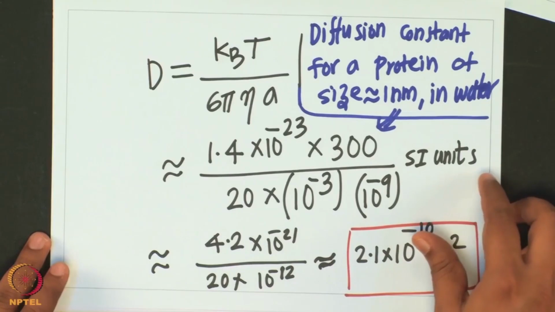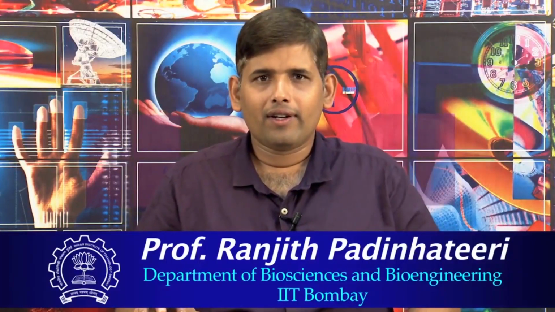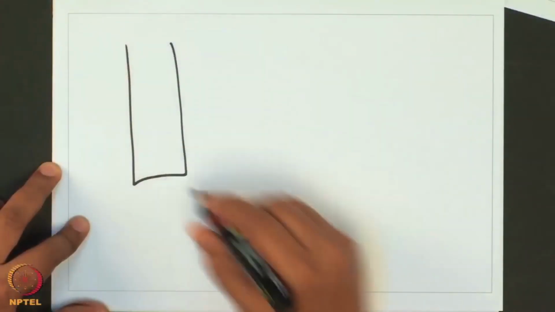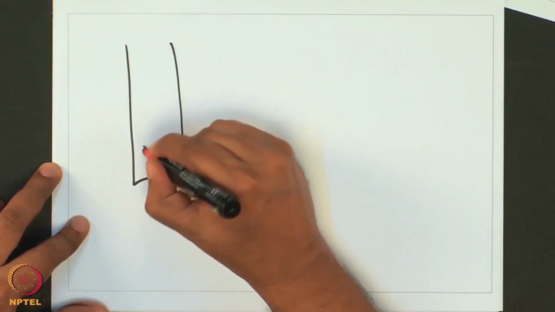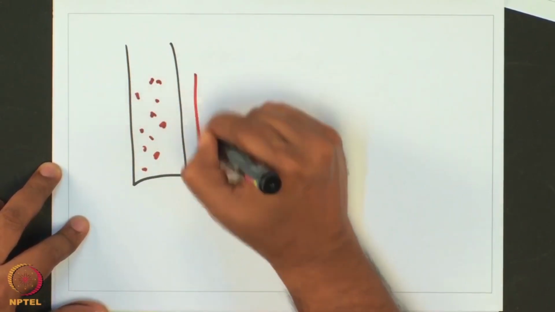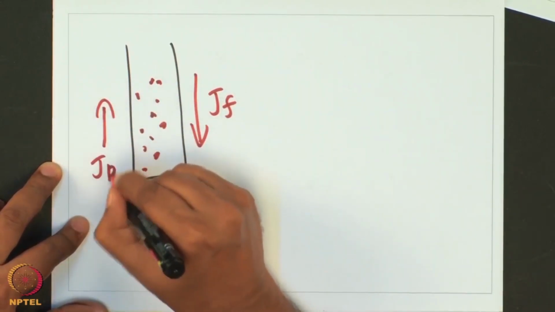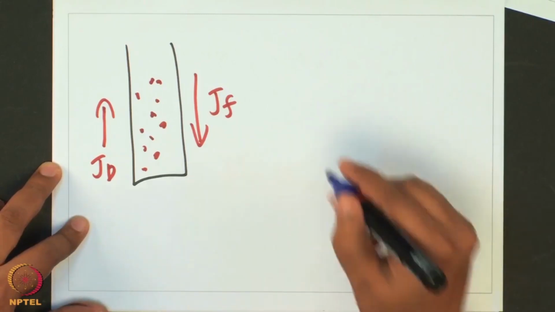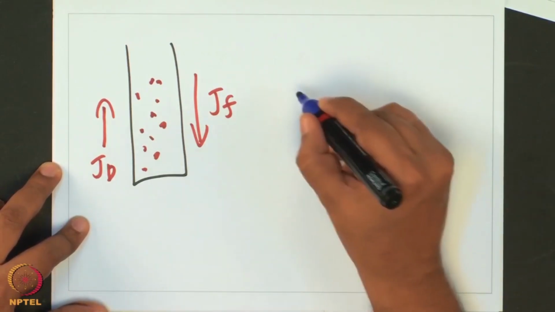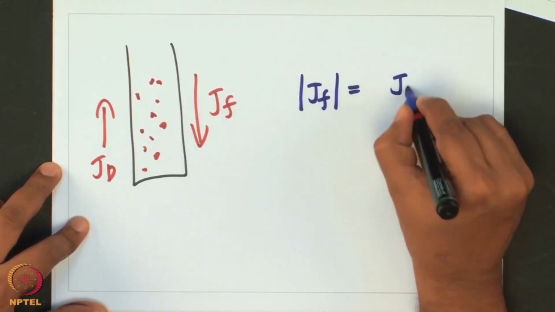So to summarize, one can very easily derive Einstein's relation as follows. Considering protein molecules in water, they will go down due to the external force, there will be a flow, and they will go up due to diffusion. When these two currents are equal in magnitude and opposite in direction, Jf is equal to Jd.